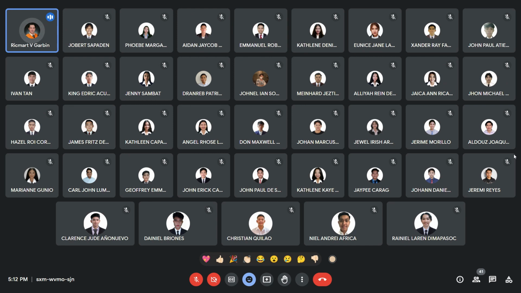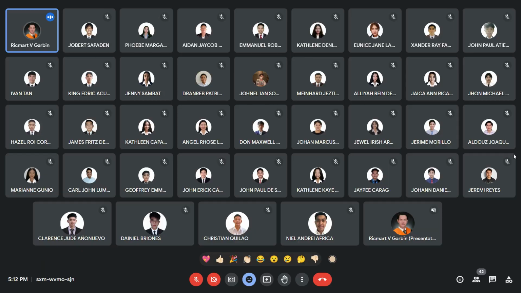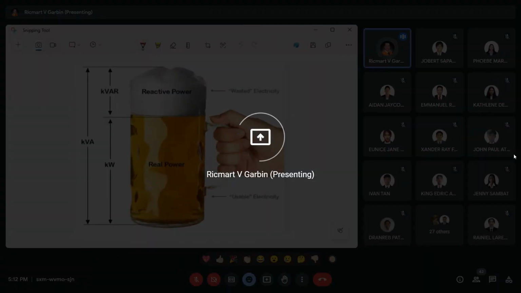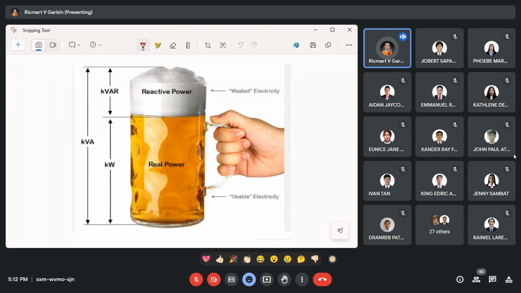So, ano daw pinagkaiba niyang tatlong yan? Kapag pinag-usapan natin ang power, pwede natin siyang ihambing sa isang beer. Yung tatlong power natin, yung real power, yung reactive power, at saka yung apparent power.